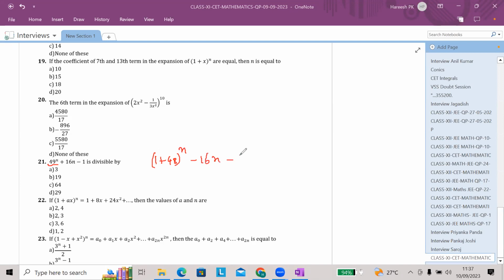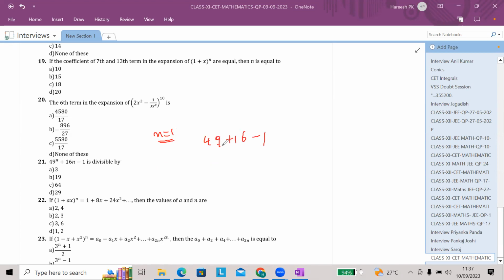Now when I try to expand this part, or if you feel this will be time consuming, just put n equal to 1 and see what you get. 49 plus 16 minus 1.